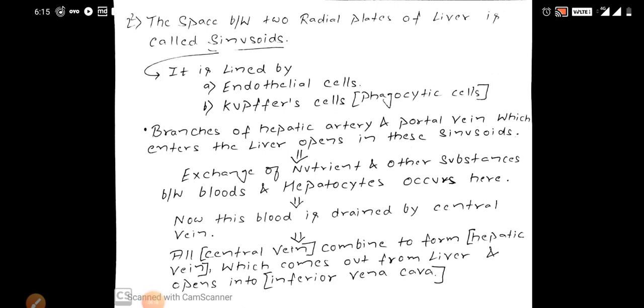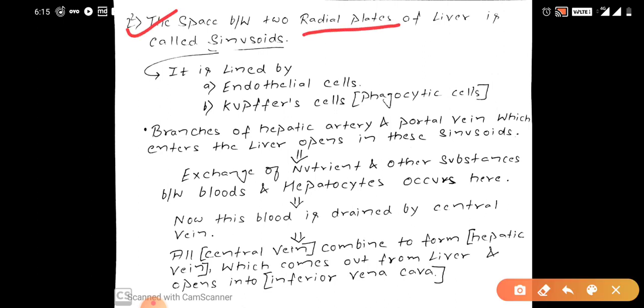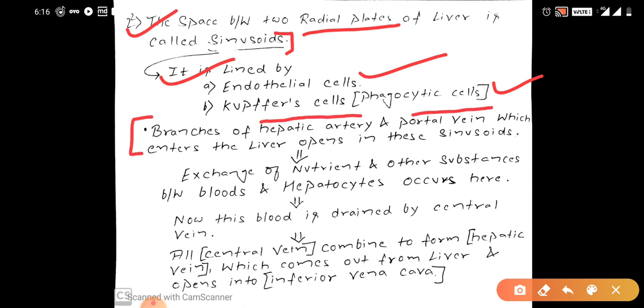Now the space between two radial plate means two spokes, and now I am not talking about inside the spoke, I am talking between the two spokes, is called sinusoids. This is sinusoids. It is lined by endothelial cell, Kupffer cell, and fat cells also. Branches of hepatic artery and portal vein which enters the liver opens in these sinusoids.